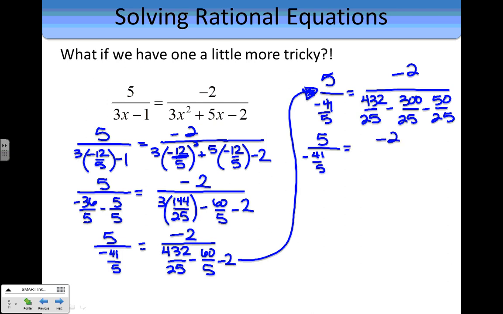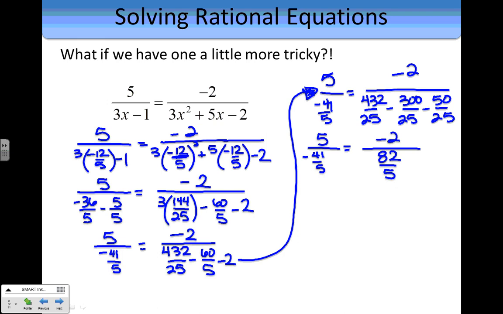Well, that's going to give me 432 minus 300 minus 50 is 82 over 25. So now I'm dividing fractions. Since I've simplified the numerator, I have 5 over negative 41 fifths and negative 2 over 82 fifths.